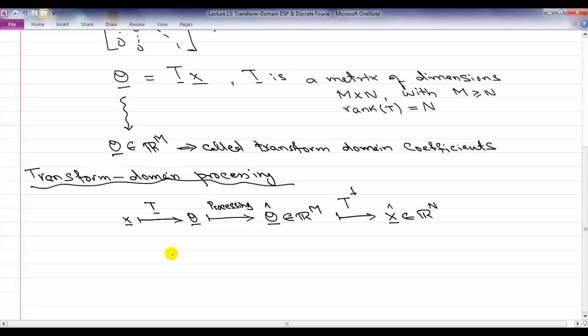Now, if you have taken linear algebra in your undergraduate, then you would know that inverse only exists if you have a square matrix. So to take the inverse, to go back to the original domain, you actually need the pseudo-inverse, which I won't go into the formal definition of.